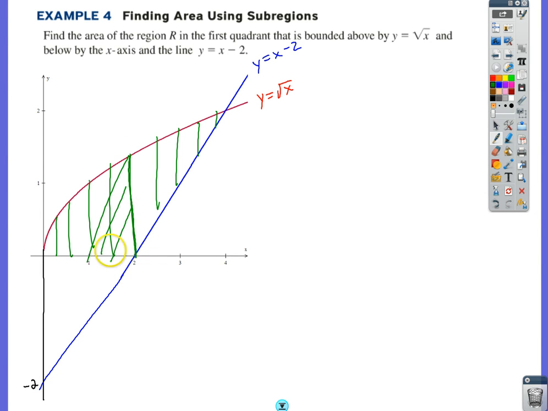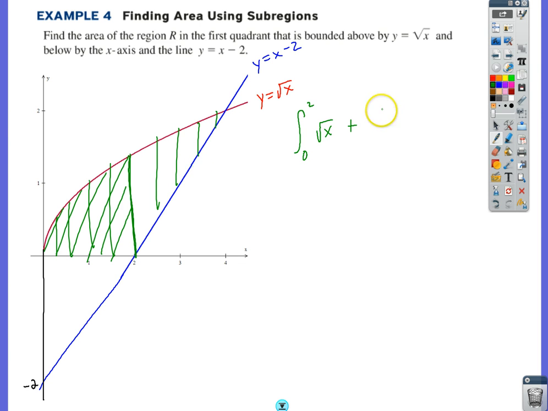Look at this piece of the integral, this shaded area here. For this shaded area, this integral represents from 0 to 2 of just the square root of x. Plus, all right, now I have one that's an area between two curves. Here, this was just the area between the curve and an x-axis. This one here is now between the curve and another curve. So now I got to think about which one's on top.